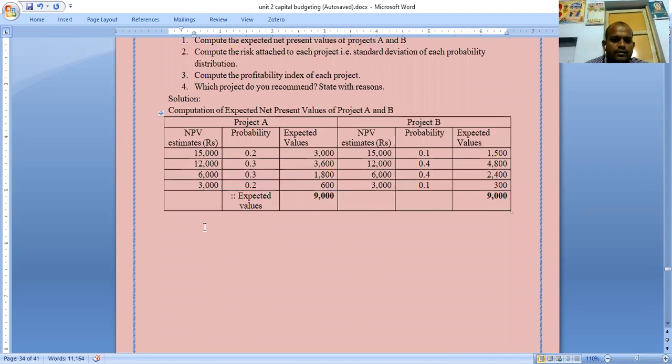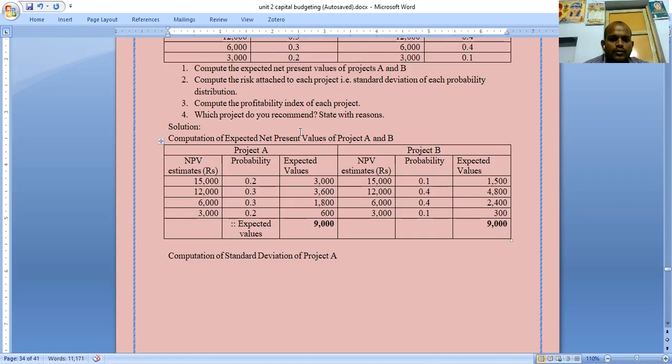So second one, computation of risk attached to each project, that is computation of standard deviation of project A. So we have to prepare a table to calculate the variance.